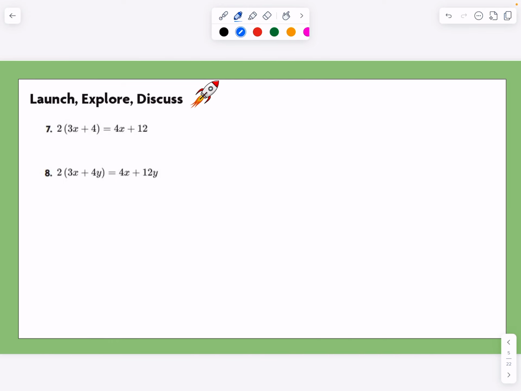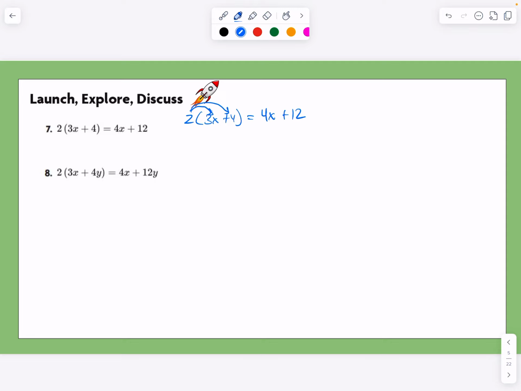Number 7. 2 times (3x plus 4) equals 4x plus 12. Now on this one, there are a couple of different approaches. What I would do, depending on how I'm feeling, is use the distributive property to distribute that 2 through this part of the equation.